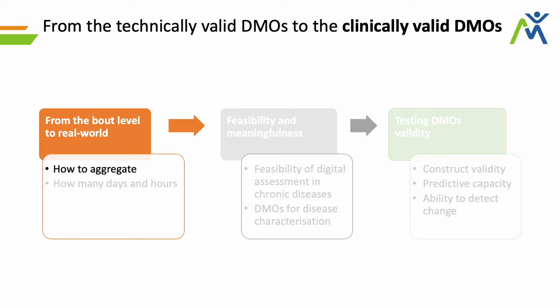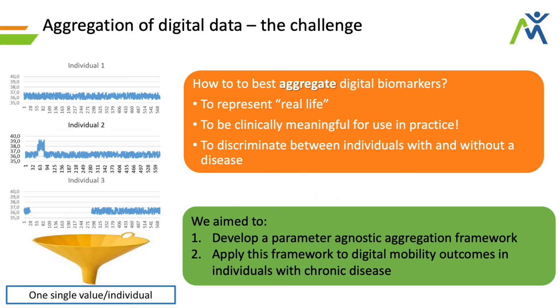The first challenge was to go from the bout level to the real world. And this is the work that we call the aggregation analysis. As I said, we have information on the DMOs for every walking bout of a person. And because the patients participating in the study recorded 24 hours of 7 days, we have hundreds or thousands or 100,000 of bouts per person, which means that for every person we have thousands of values for every DMO.